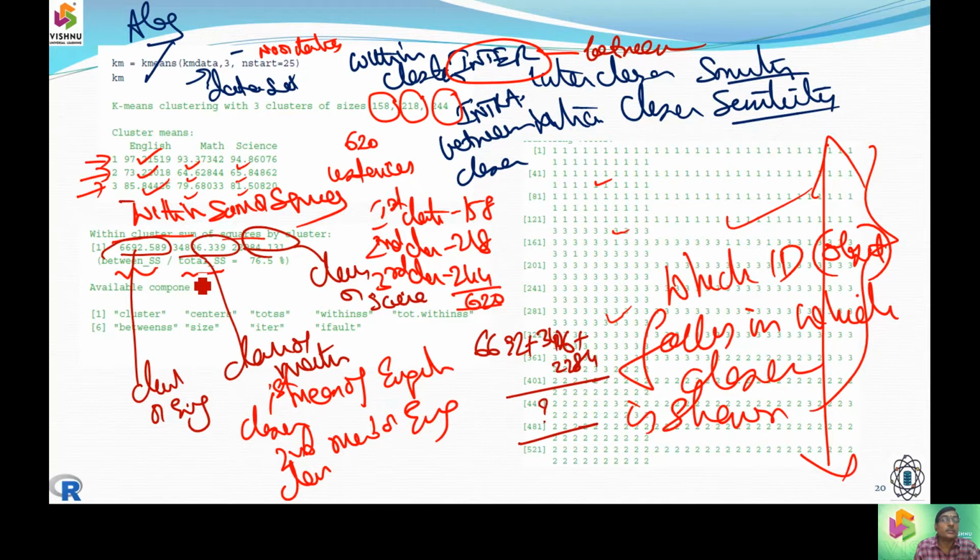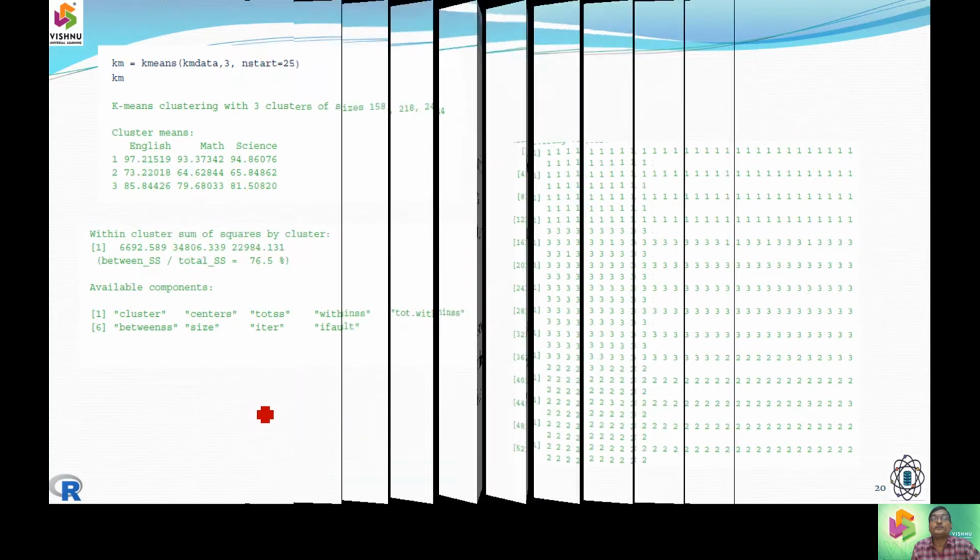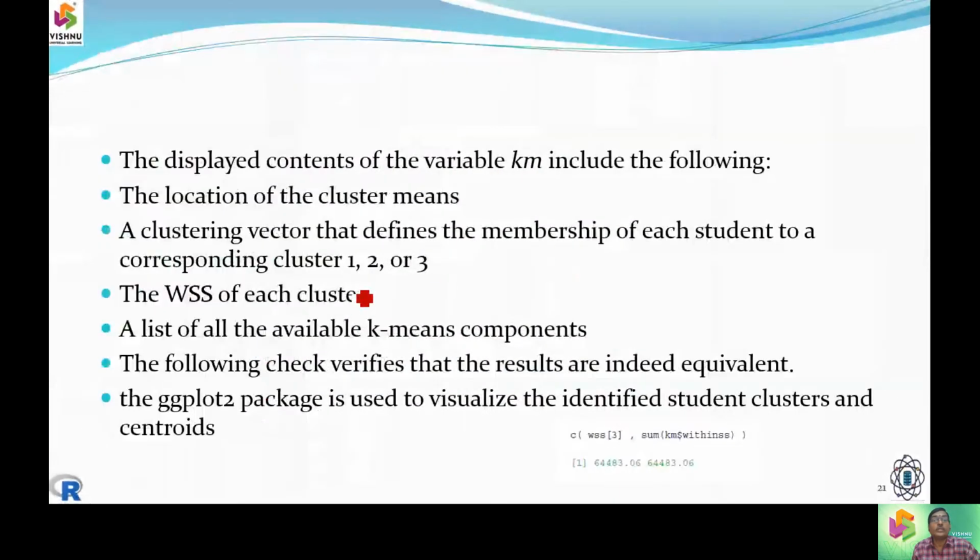So we are getting this as 76.5. Accurately we are going to get this value. So this is how we find the within cluster similarities of each cluster. So cluster 1, cluster 2, cluster 3, their number is calculated, and their total sum we are going to display. It is 64483. So within sum also.